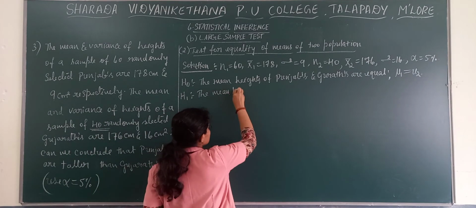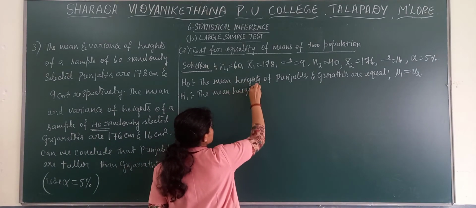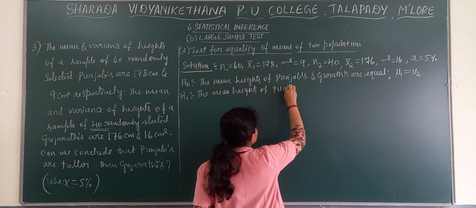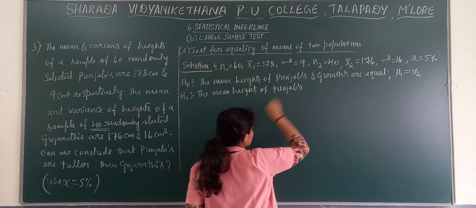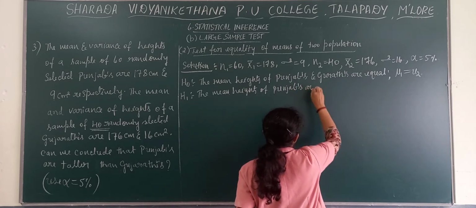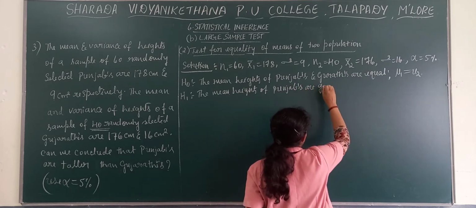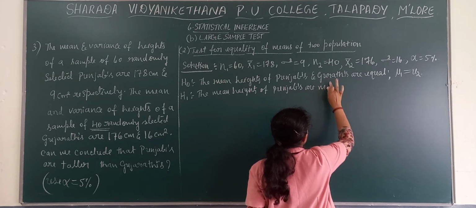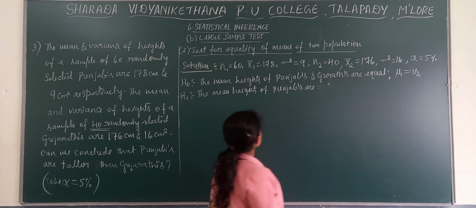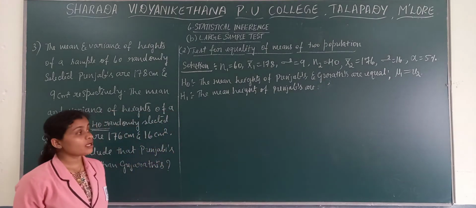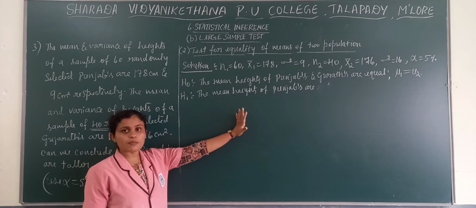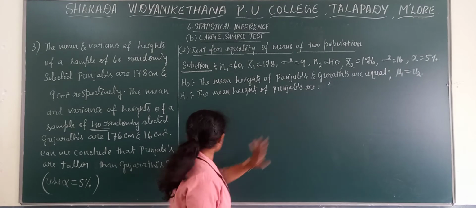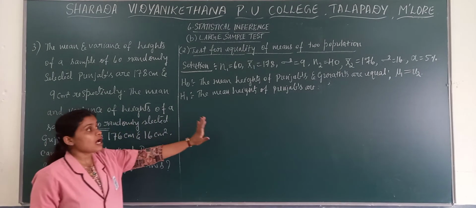The mean height of Punjabis is greater than, or more than, or else we can take the heights of Punjabis are taller than the heights of Gujaratis.